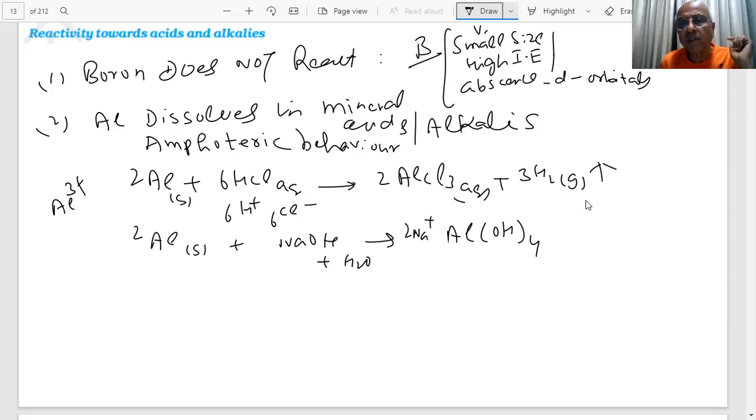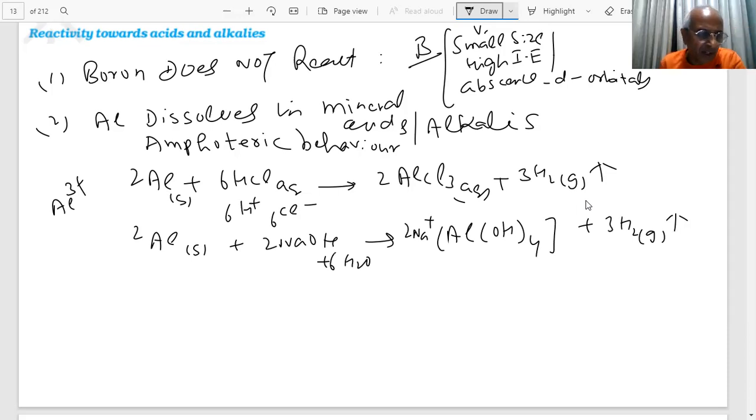Again, hydrogen gas is being liberated, 3H2. So this is sodium tetrahydroxoaluminate, a coordination compound, a complex compound, student. When you write this reaction, you can balance it also.